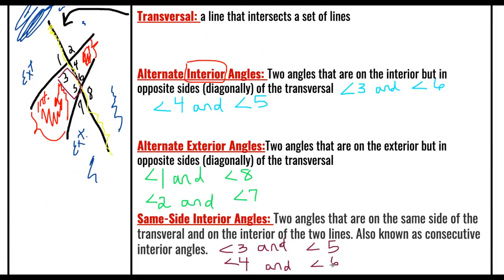Okay, only one pair left to do, and that's corresponding, which is my favorite one. Let's clear up some of this diagramming, and then we're going to talk about corresponding angles. So for corresponding, you have to look at the different intersections, right? The transversal is intersecting 2 different lines.